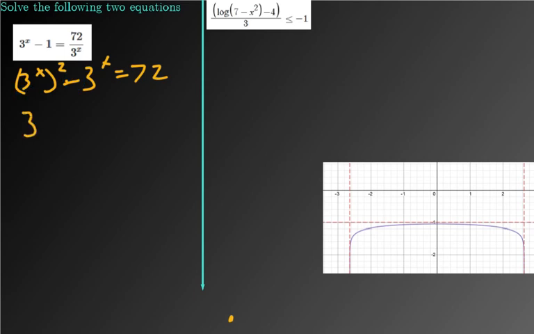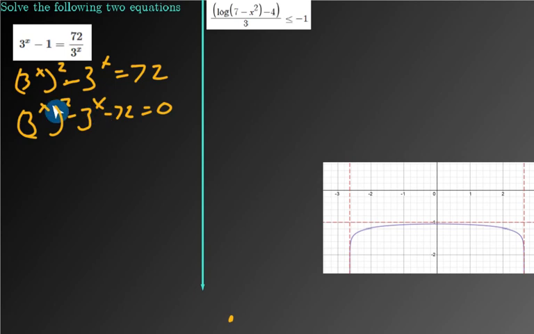So I have 3 to the x squared minus 3 to the x minus 72. And what I want you to see here is this has perfect structure for substitution, right? You have a quadratic: 3 to the x squared, then you have a 3 to the x, right?